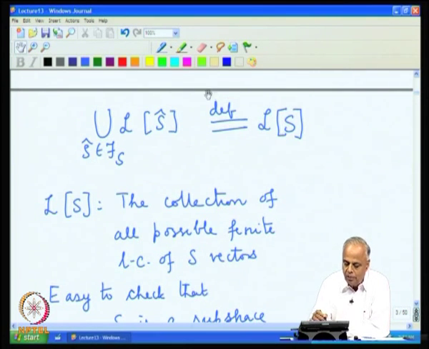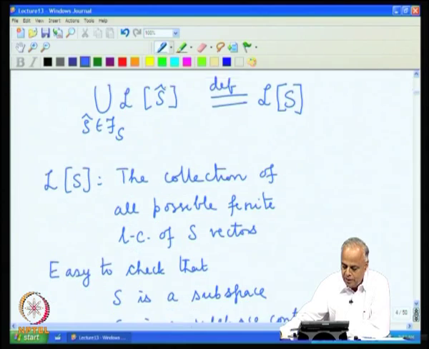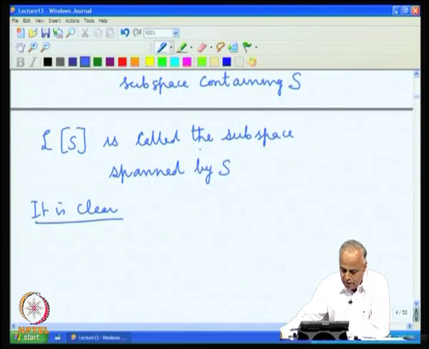So, when looked at that way, this is a proper definition of L(S) for all possible sets, whether they are finite or infinite.